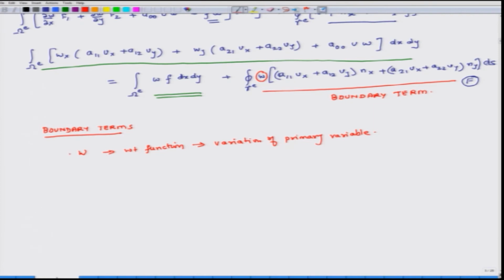So, what this helps us understand is that U is the primary variable, and if I specify this variable, then specification of U implies that I am specifying essential boundary condition, or EBC.